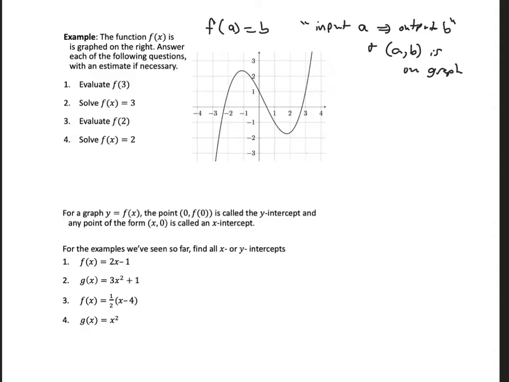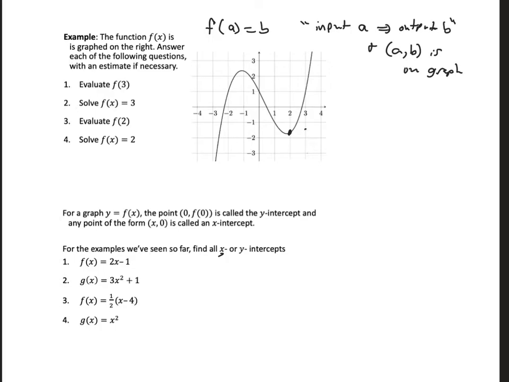Now we want to know what is f of 2. Again, refer to this notation. If I want to know f of 2, that means I'm being told the a is 2. In other words, the input is 2, which means I'm being told the first coordinate. So the first coordinate being 2 means I'm coming this way to 2, and now I'm looking for the graph. The graph is only here. So this is the point I need to look at to talk about f of 2.